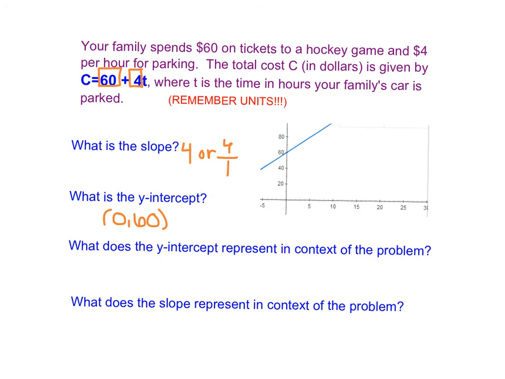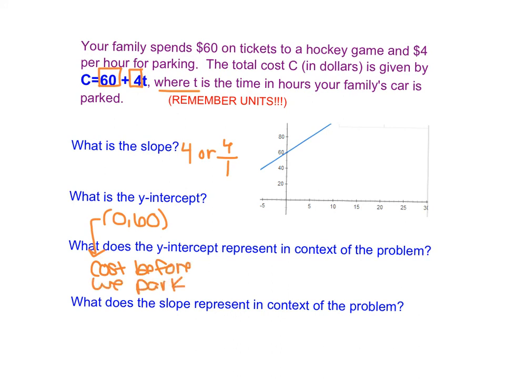Then from here, we're actually going to determine what these mean in the context of the problem. So this says, what does the y-intercept represent in the context of the problem? So let's break this down a little bit. So that 0 represents the value of t. So what this y-intercept actually represents is the cost before we park.